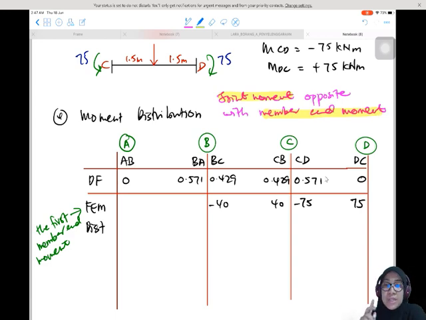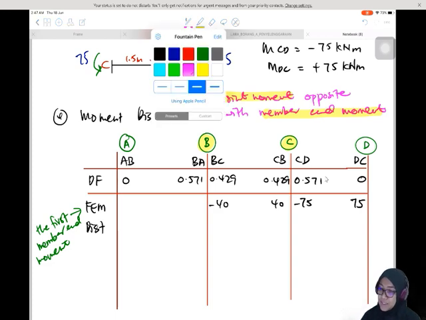And the one that we distribute is the joint moment. It means that to distribute the value to AB and BA, we have to find the joint moment, and the joint moment is opposite.